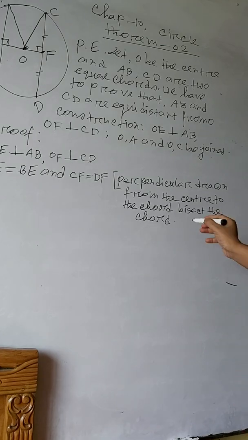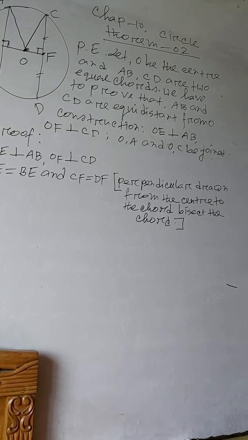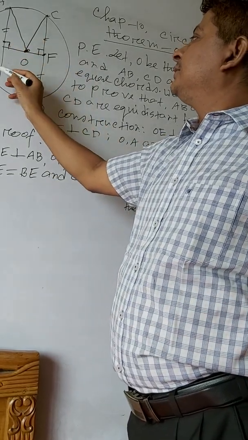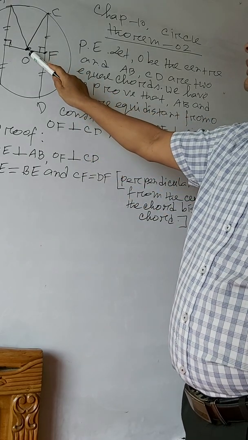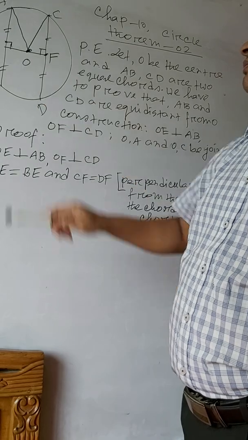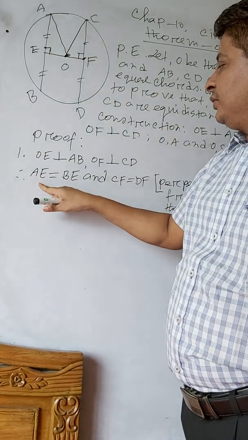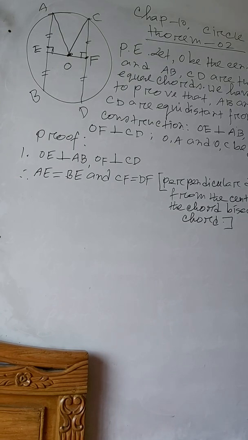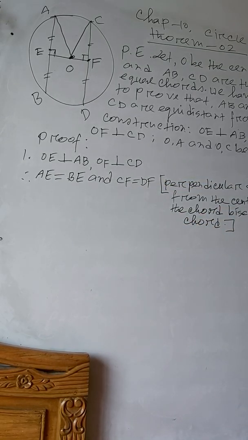This is the given information statement. Activity 1, we have already proved this in previous classes. AE equals BE, CF equals DF, because the perpendicular drawn from the center to the chord bisects the chord. AB is equally divided at the point E.